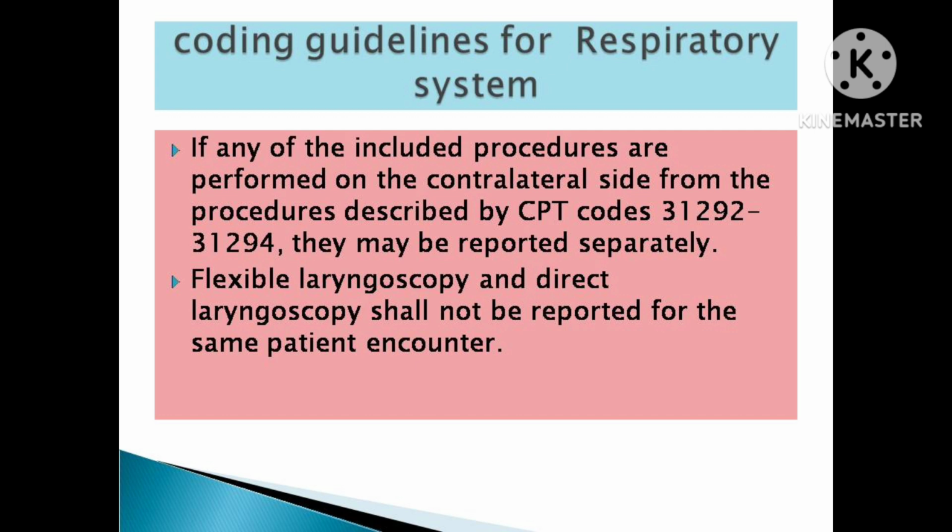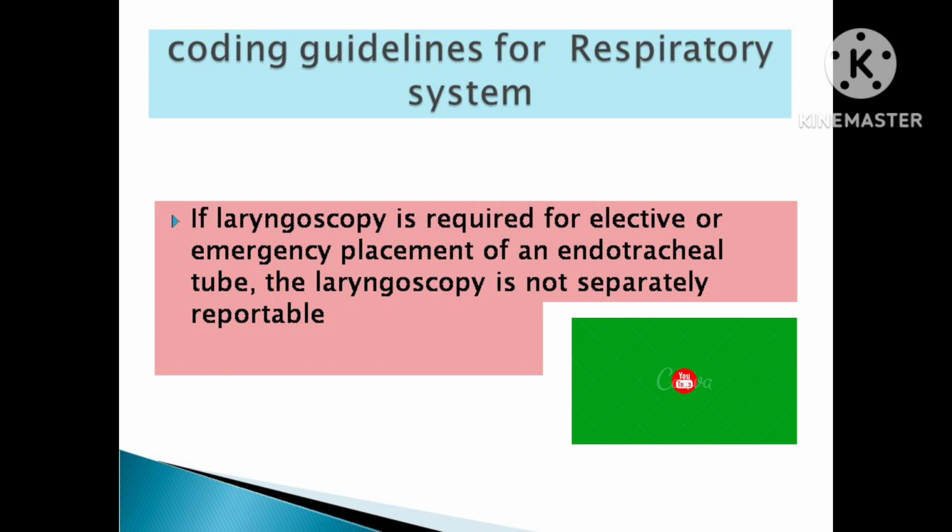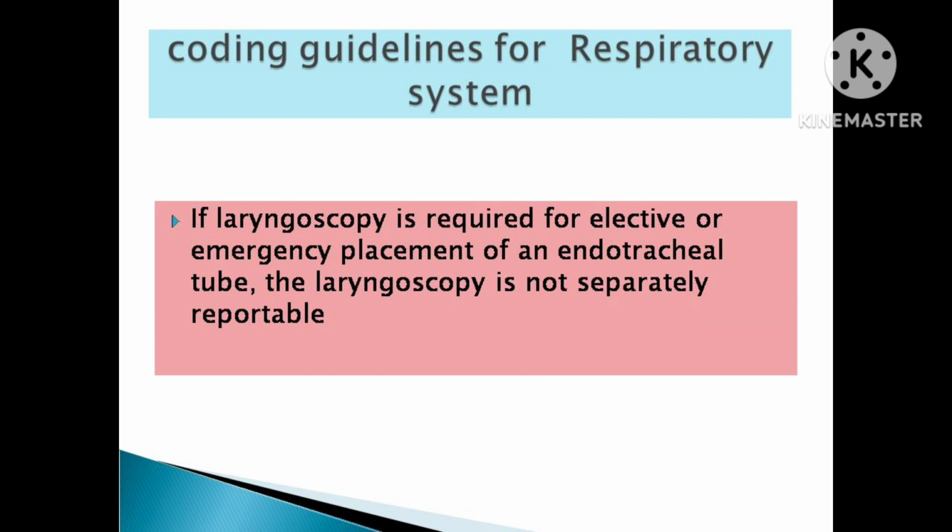Okay. Then 31000, 31002, lavage by cannulation of respiratory accessory sinus, is an integral component when performed with the more extensive procedure. Okay, if the procedure is performed on the ipsilateral side, then in the same patient we cannot bill together.